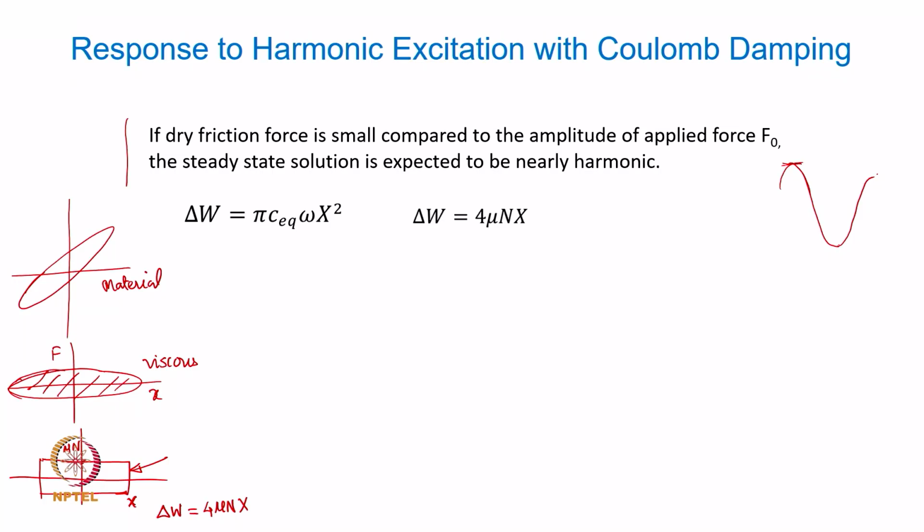What we are going to say is that we can treat the governing equations the same, except that the quantification of the damping as an equivalent viscous damping can happen by equating these two areas. So, we will keep using the same equations, but with a different value of C, okay. And then the solution becomes simpler and you do not invoke too much of an error in the estimation.